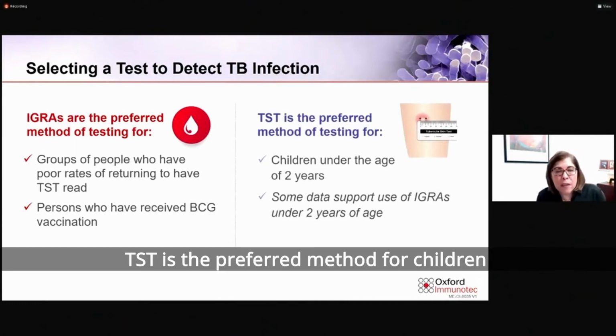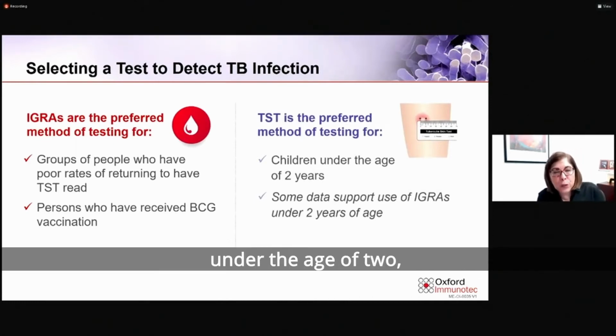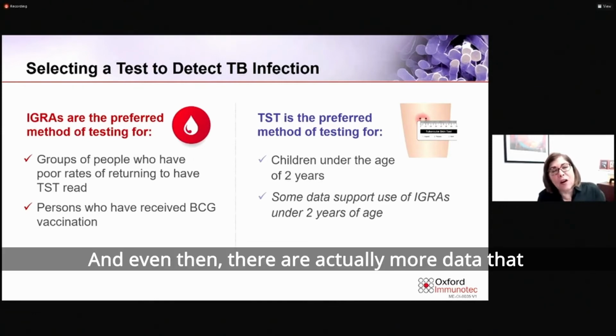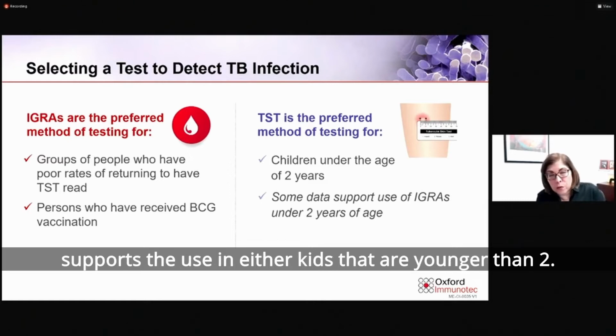TST is the preferred method for children under the age of 2, and that's pretty much the only time where TST is preferred by CDC guidelines. And even then, there are actually more data that support the use of either test in kids younger than 2.